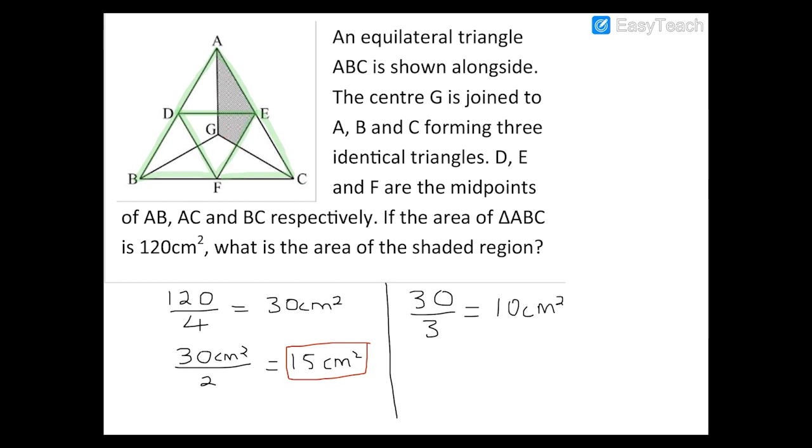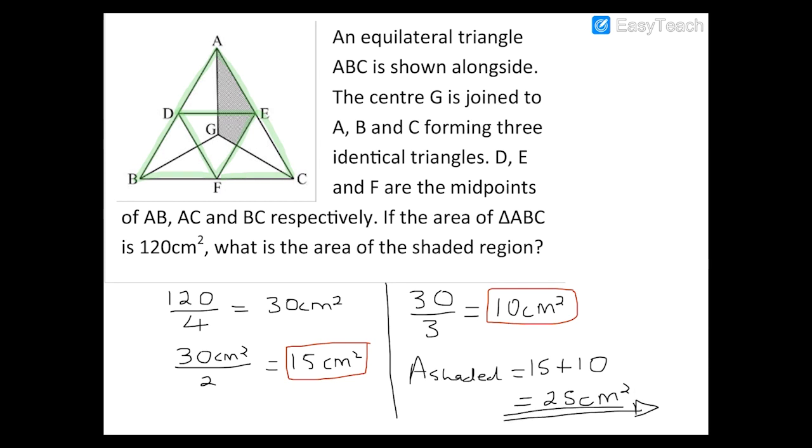So that is also an area that is shaded. So the area of all the shaded will be equal to 15 plus 10, which becomes 25 square centimeters. Okay, this one was a little easier.